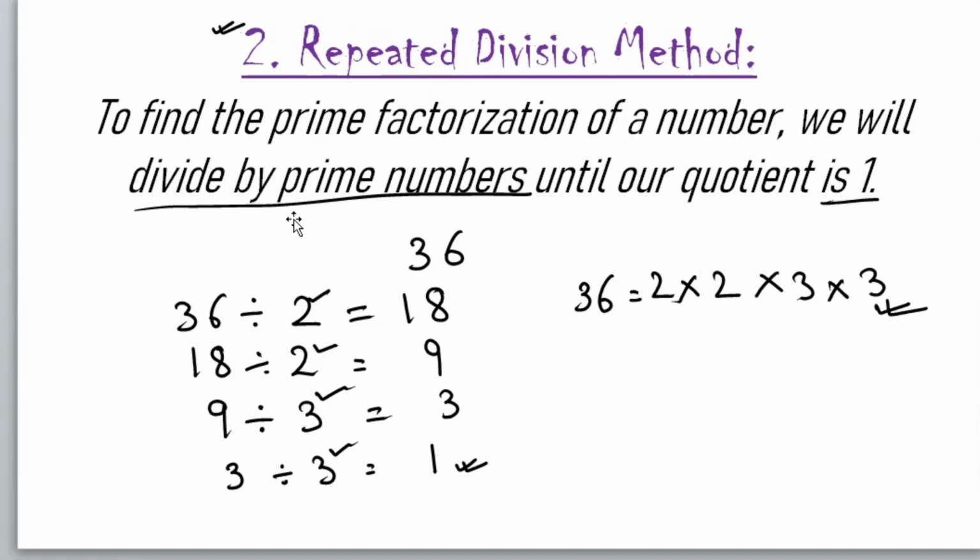Always remember, we can't divide with composite numbers. 36 divided by 2 is 18. Then 18 divided by 2, we get 9. Then 9 divided by 3, we get 3. And 3 divided by 3, we get our quotient 1. Then we arrange all our prime numbers from least to greatest to find the prime factorization.